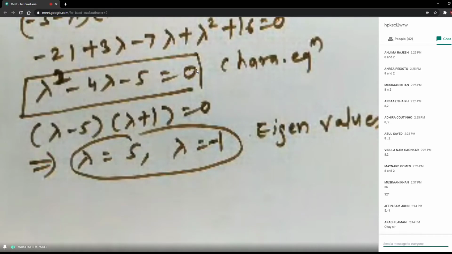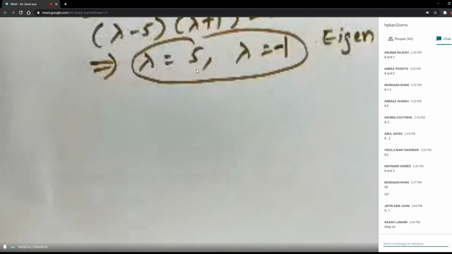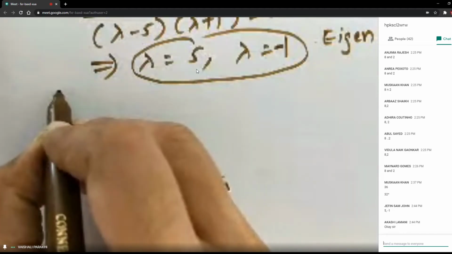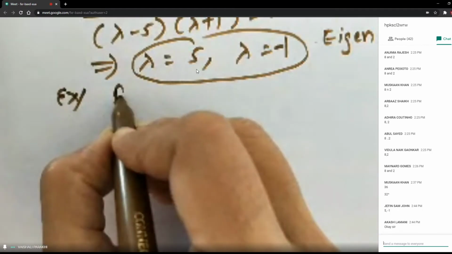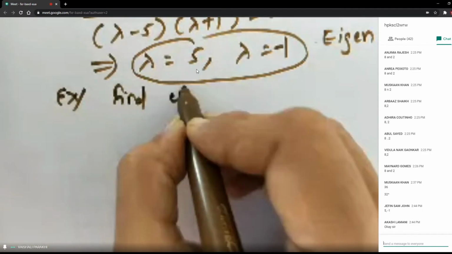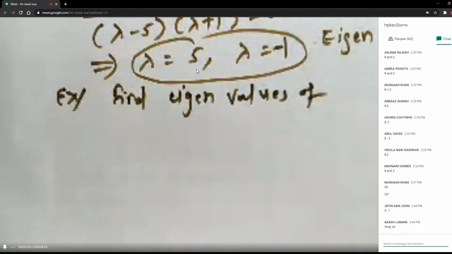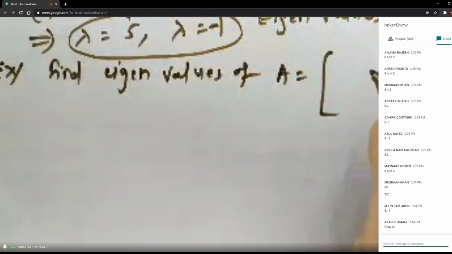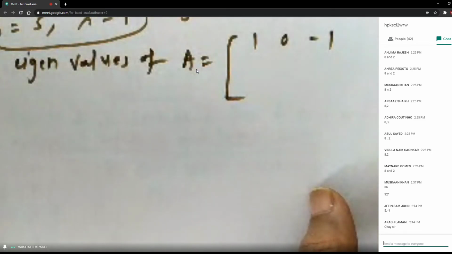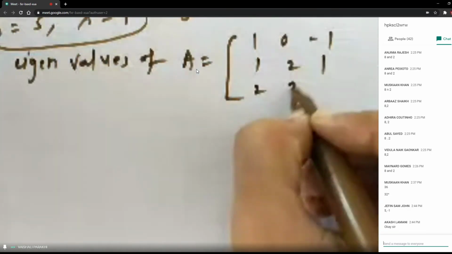To find eigenvalues for the following matrix quickly. Check this. Example. Find eigenvalues of matrix A equal to 1 0 minus 1, 1 2 1 and 2 2 3.